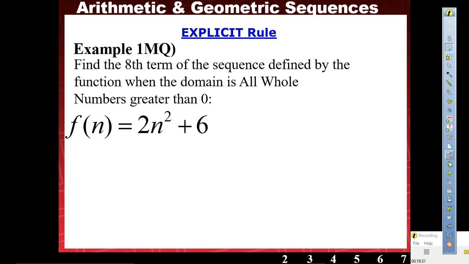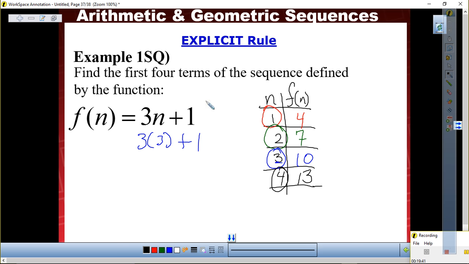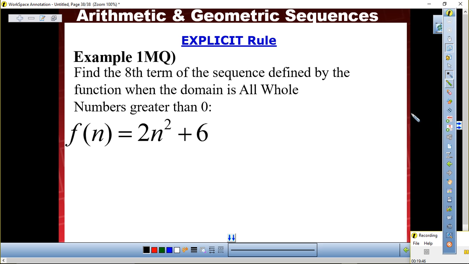Well, let's go to the previous ones. How many terms did they ask us to find? The 4th term? The 4, right? Therefore, here we go. Tell your neighbor what to write there.